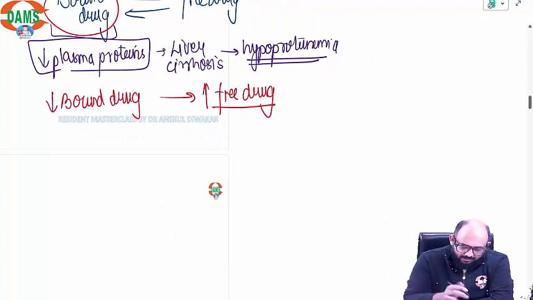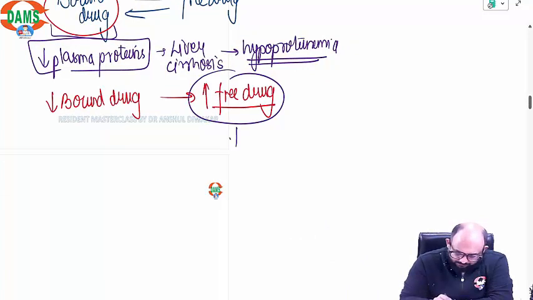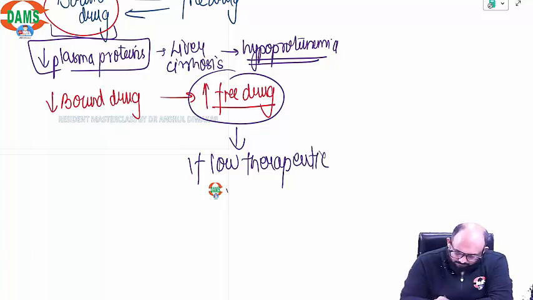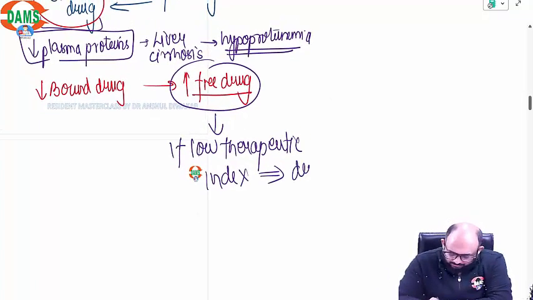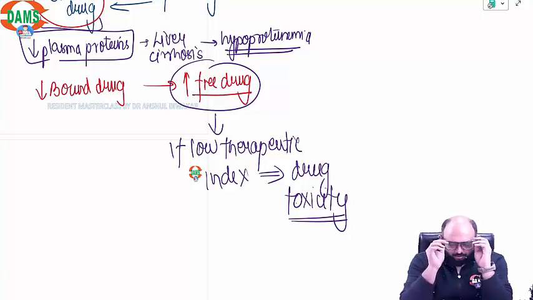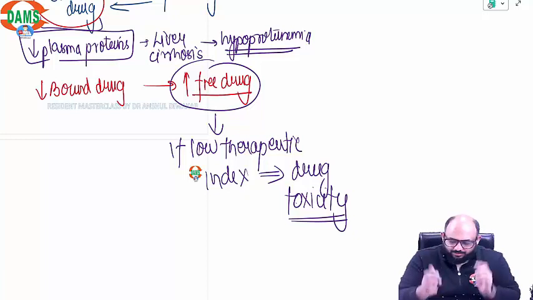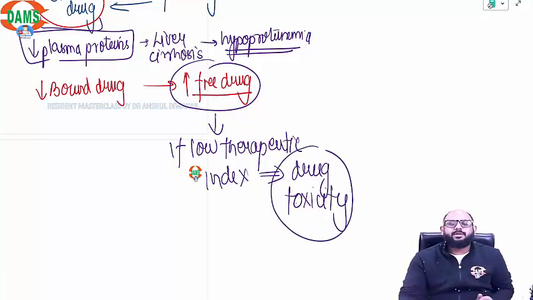Now if the drug has a low therapeutic index, then this hypoproteinemia can lead to drug toxicity. This can lead to drug toxicity only when the drug is highly protein bound, because this will become clinically significant only if the drug is highly protein bound.